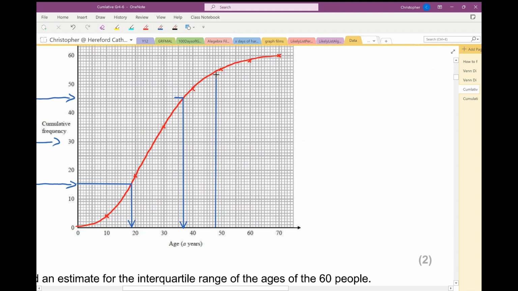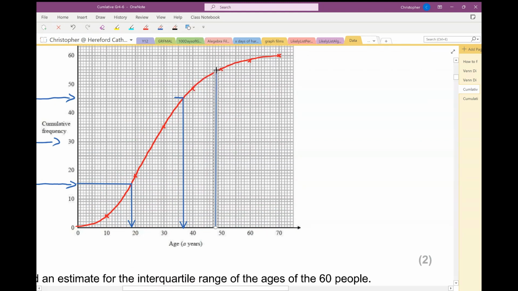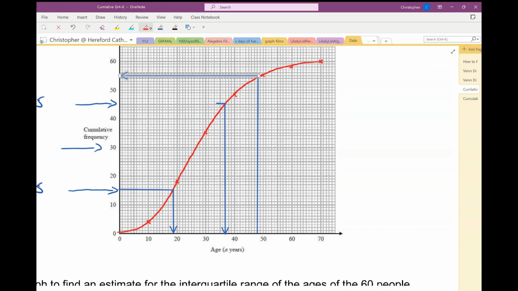I'm going to come up here from 48, and now I'm going to read off how many I have got here. Now, of course, this number, which on my graph is 50, 1, 2, 3, 4, 5, that's the number of people who are under the age of 48.